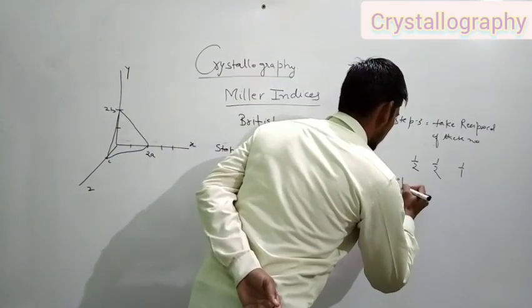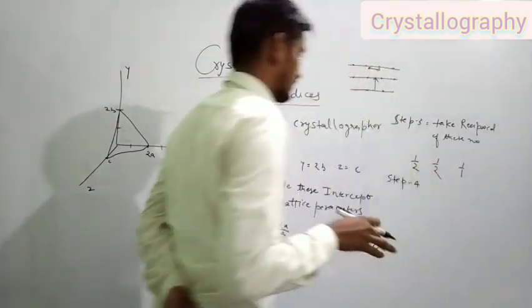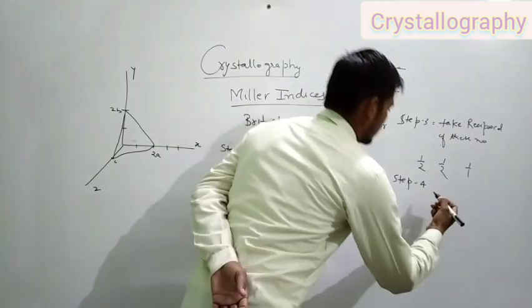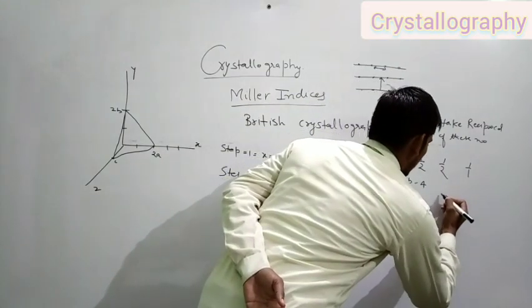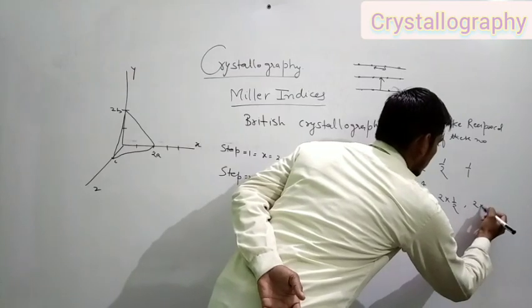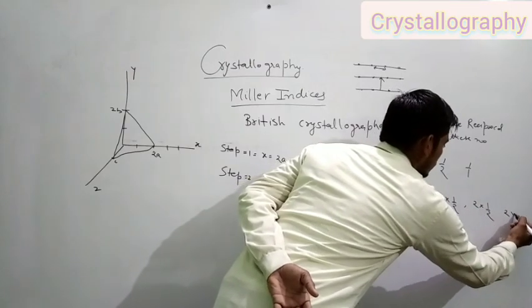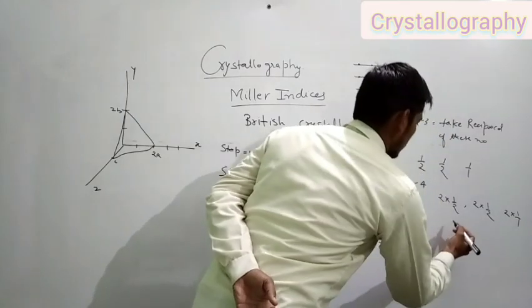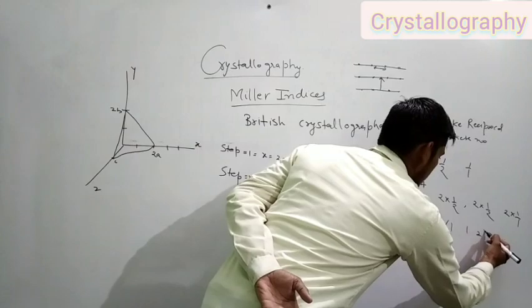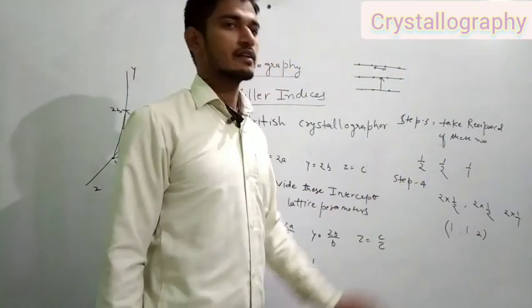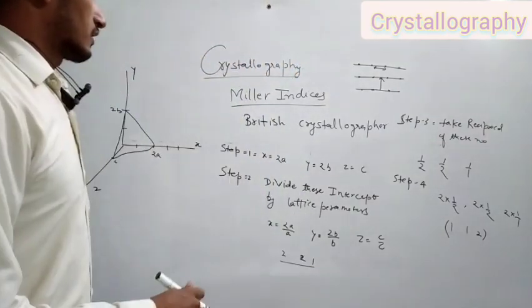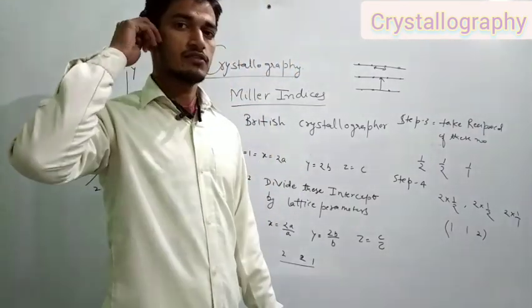Now step 4: we change this ratio into integer numbers. 2 into 1 by 2, 2 into 1 by 2 or 2 into 1 by 1. So 1, 1 or 2. It is covered in brackets and this is called the Miller indices.